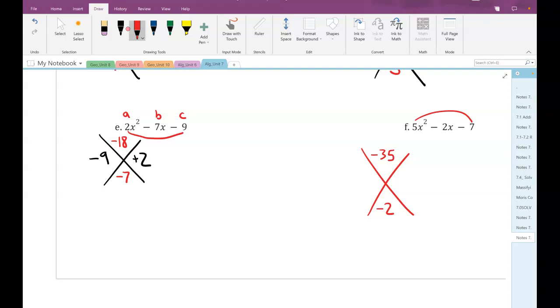If you just look at the positive factors of 35, one of them is 5 and 7. Well, this has a difference of 2. If we were to just take 7 minus 5, we get 2. But since we need a negative 2, we should make our 7 negative and our 5 positive. So take negative 7 plus 5, get negative 2. So our X would look like this.